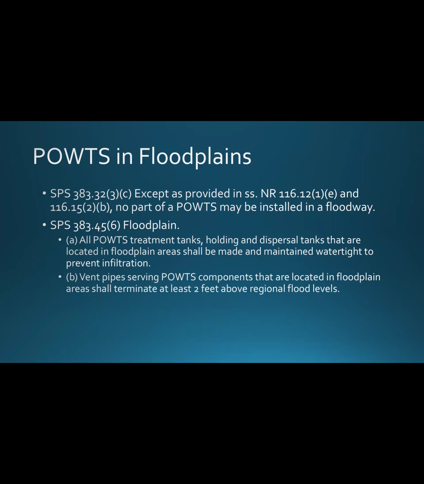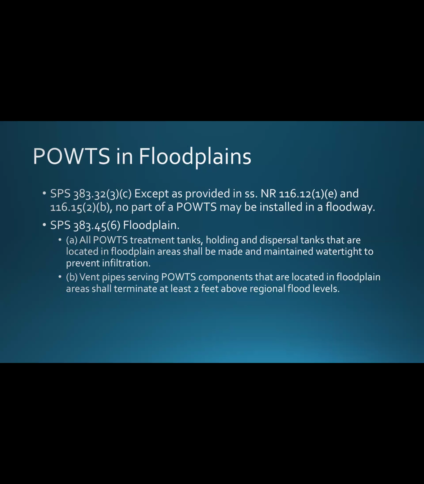If we're in a floodplain, further, 383.45(6), any treatment tanks, holding or dispersal tanks that are located in the floodplain areas, so this would most likely be a flood fringe, shall be made and maintained watertight to prevent infiltration. So any kind of surface openings we have, we're going to have to make sure that we have like a neoprene gasket or something like that, and they're bolted down to keep any kind of flood waters from infiltrating those tanks.